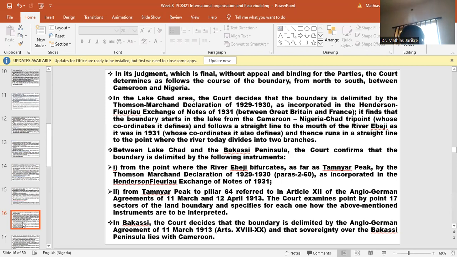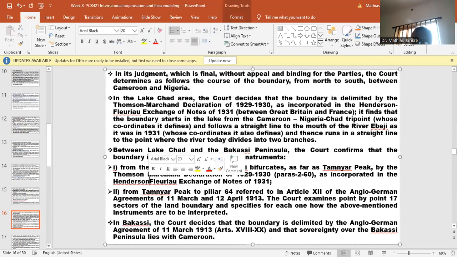Between Lake Chad and the Bakassi Peninsula, the court confirms that the boundary is delimited by the following instruments. One, from the point where the River Ebeji bifurcates as far as Mount Kombon, by the Thompson-Marshall Declaration of 1929, as incorporated in the Henderson-Fleuriau Exchange of Notes.